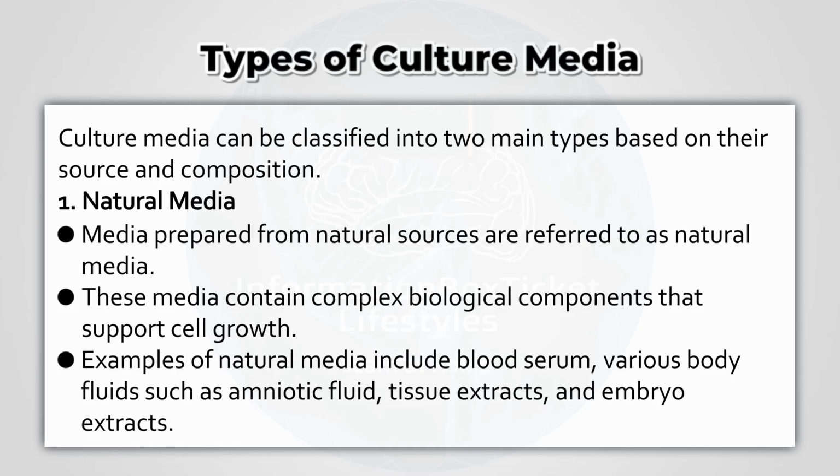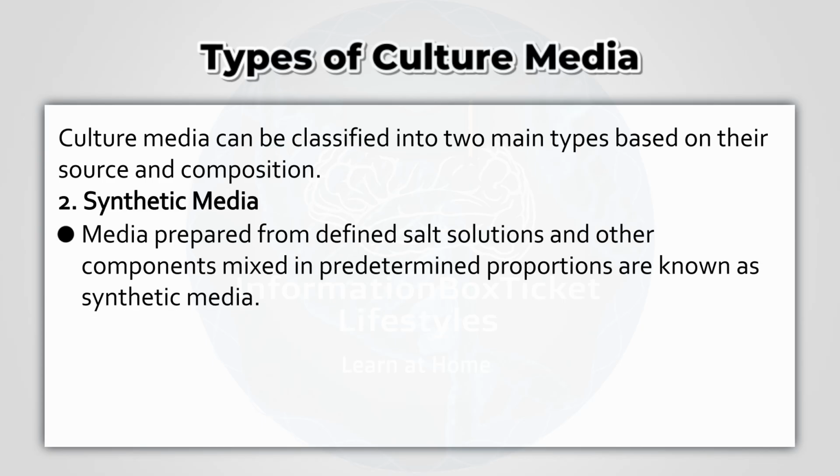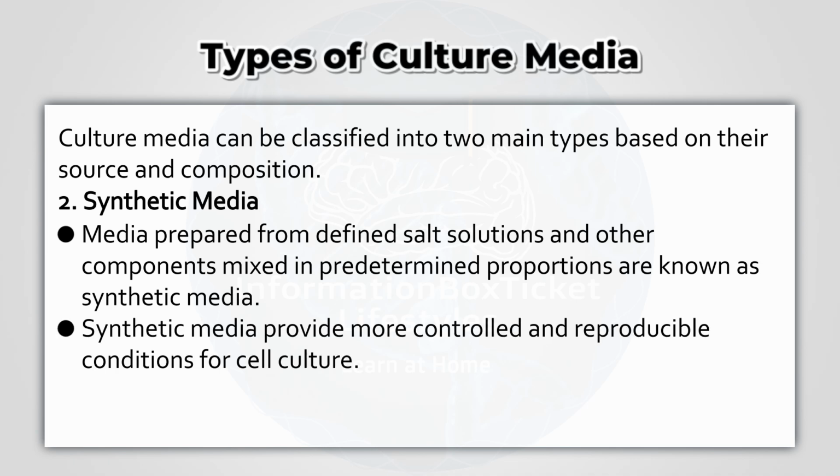Examples of natural media include blood serum, various body fluids such as amniotic fluid, tissue extracts, and embryo extracts. 2. Synthetic media. Media prepared from defined salt solutions and other components mixed in predetermined proportions are known as synthetic media. Synthetic media provide more controlled and reproducible conditions for cell culture.